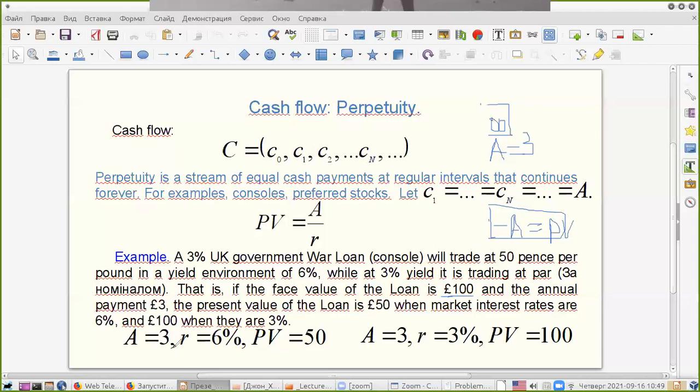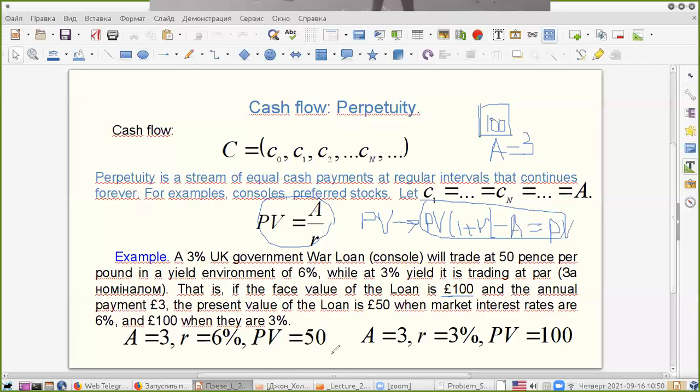We have A equal to 3 pounds, and we have two cases for the interest rate, 6% and 3%. If the interest rate is 6%, then 3 divided by 6% gives a present value of 50. But in this case, the face price, this payment 3 we divide by 3%, and it will be 100.